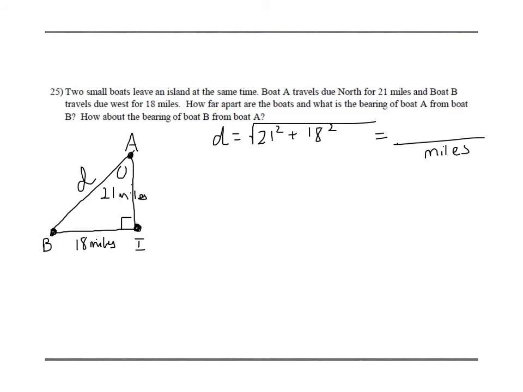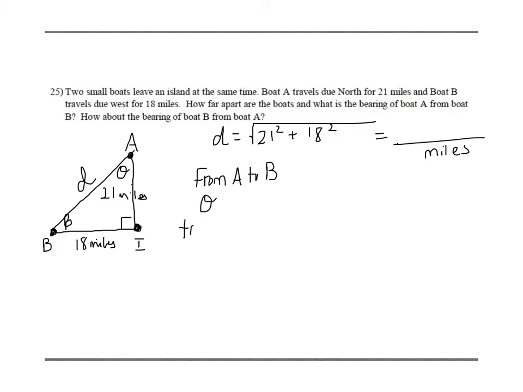Okay, so now what I need are angles. So I need angle A, I need this theta, and then I'll just call angle B beta, or you could call them angle A and angle B, but I need those angles. Okay, because that's going to help me find the bearing. Now, you have a choice on bearing. You can either use degrees from north, or you can use the north and west. Sometimes this is easier. So, for instance, from A to B, I'm going to need theta, right?